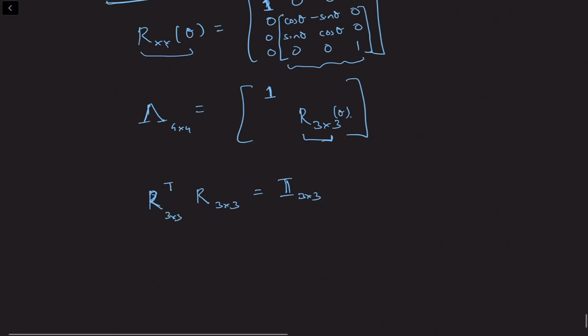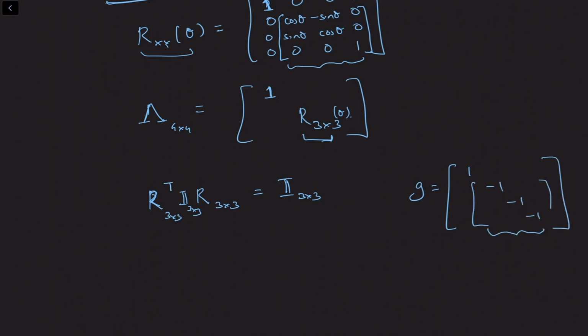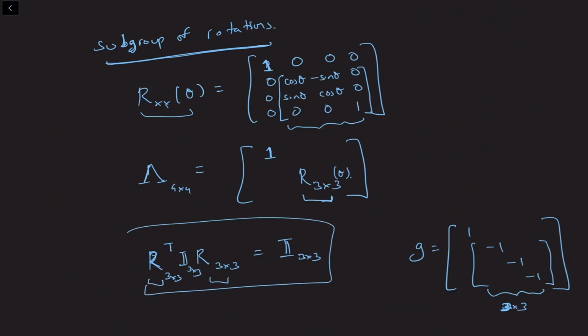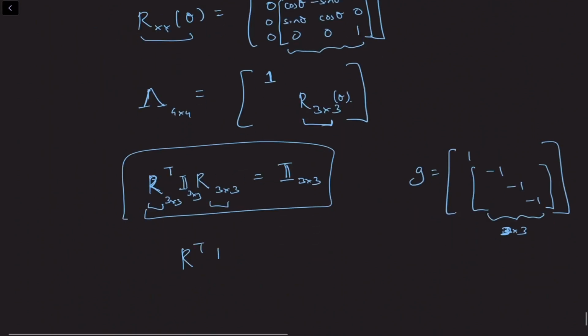This just comes from the fact that G itself has an identity matrix sitting in the lower 3x3 block. So these 3x3 matrices satisfy the equation R transpose R is identity.